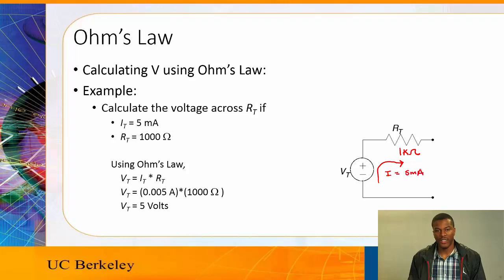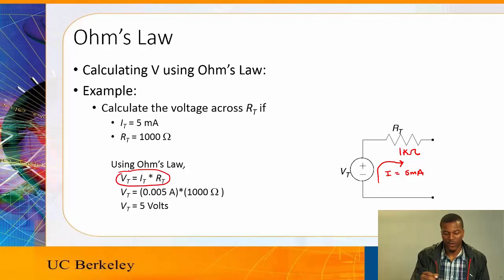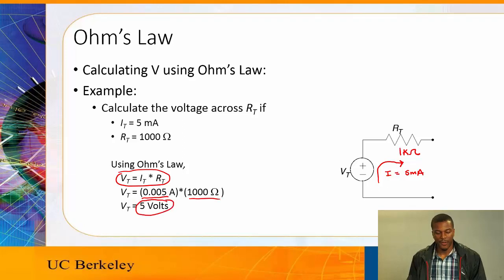So if we use Ohm's law, which is V equals IR, we can just plug in our values for current and resistance to get our desired value for voltage.